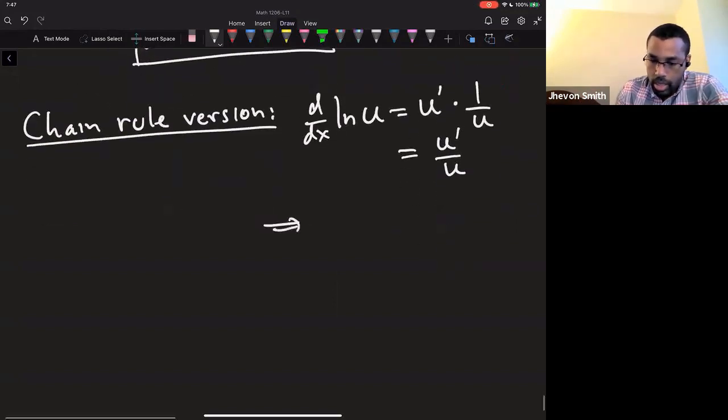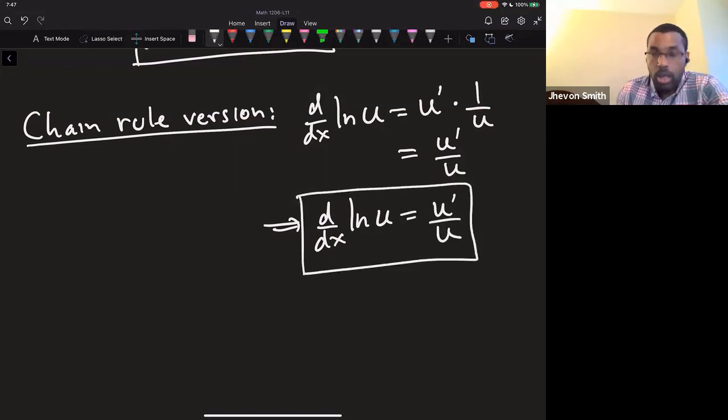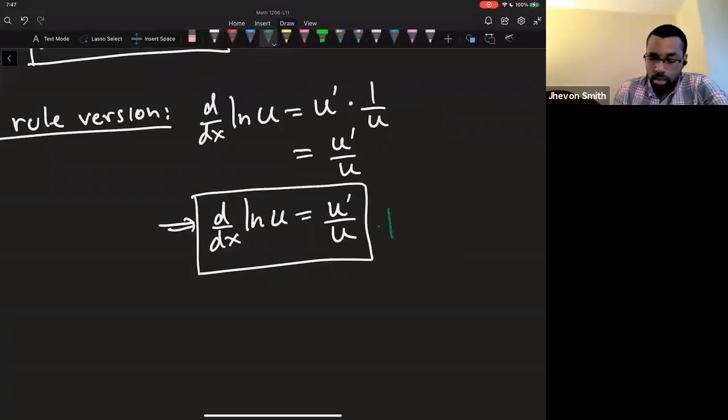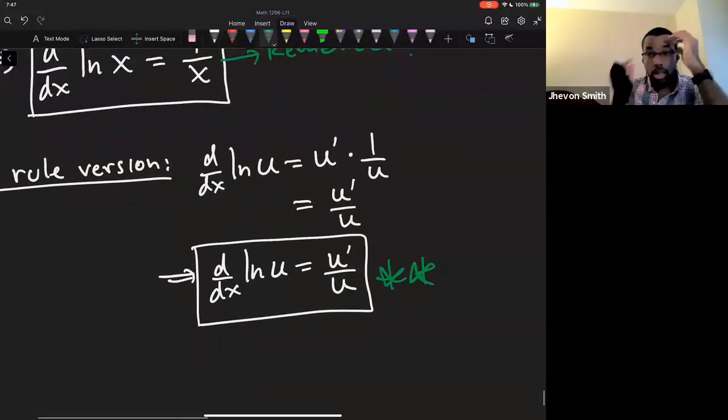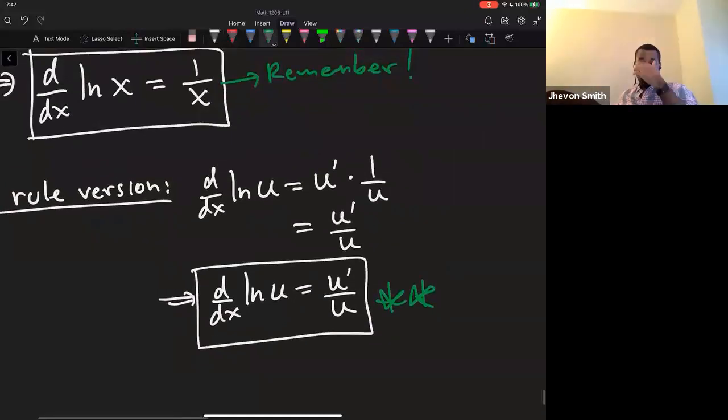So that's a nice rule. Derivative of ln of anything is the derivative of the thing divided by the thing itself. That's a nice rule to remember. I'd probably remember that even more than the original one. Derivative of ln x is 1 over x, but that's included in the second formula.